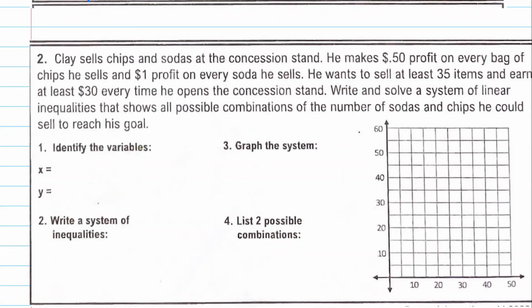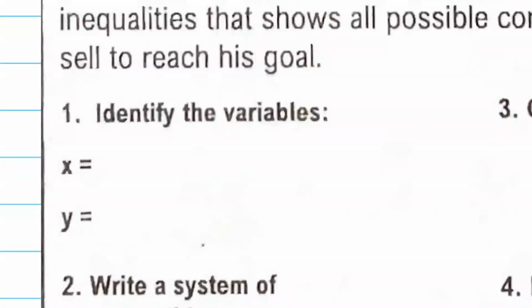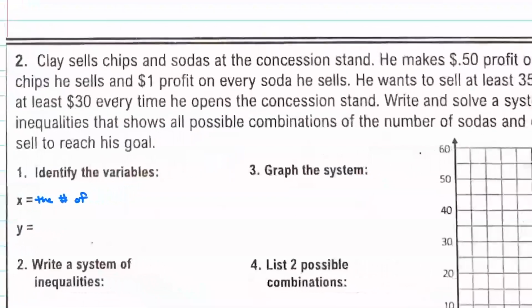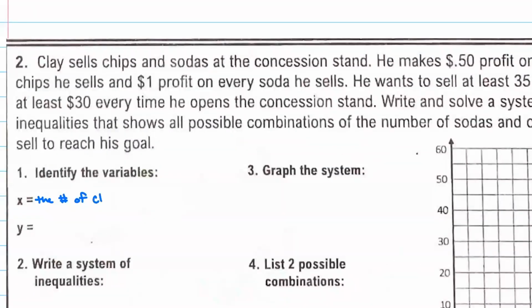So let me go ahead and start off by writing, let X represent the number of, and let's do it in the same order they did it, the number of chips he sold, and let Y represent the number of sodas he sold. So now I know X represents the chips and Y represents the sodas.